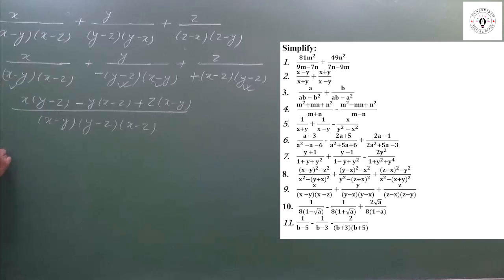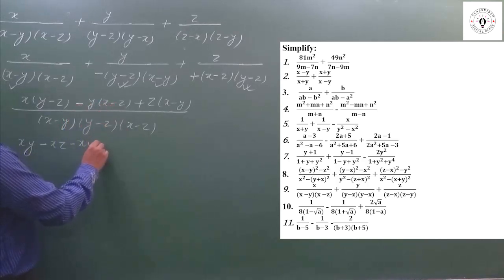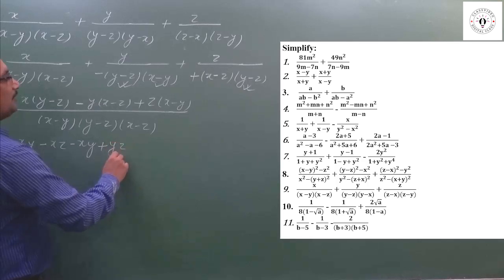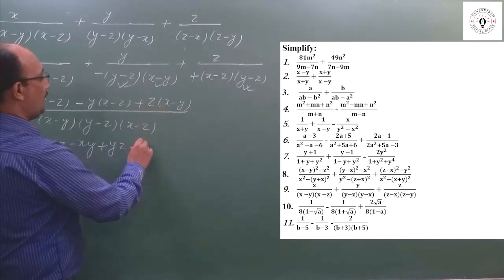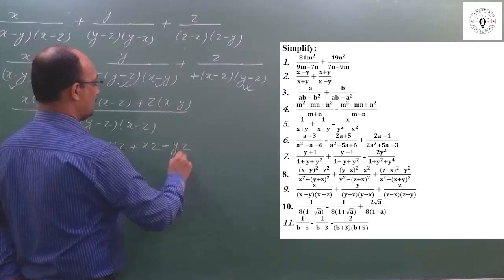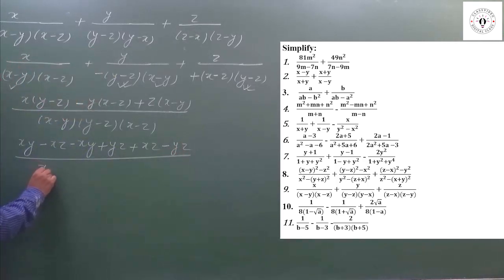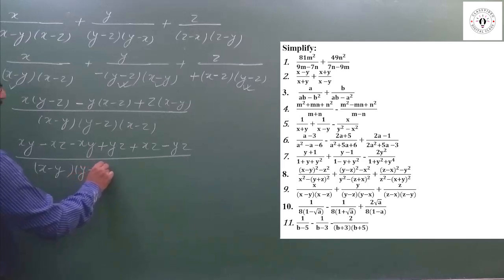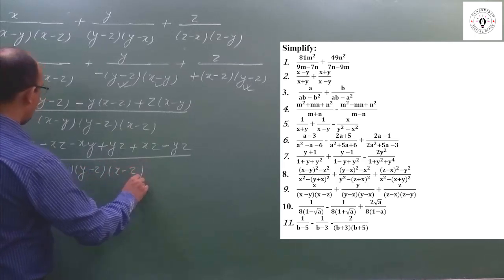So this becomes x into y, xy, minus x into z, xz. Similarly here, minus y into x, xy, minus minus plus yz, plus z into x, xz, plus minus minus yz. Denominator same, that is x minus y times y minus z times x minus z.